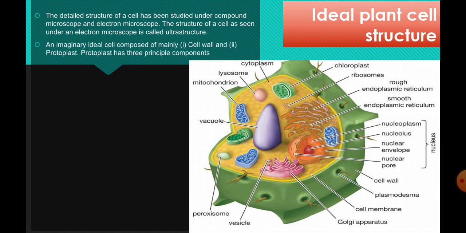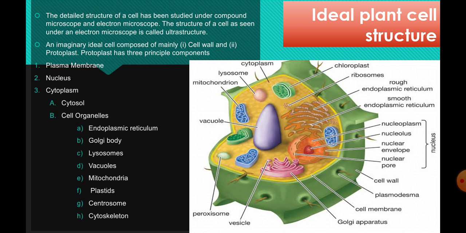An imaginary ideal cell is composed mainly of cell wall and protoplast. Other than the cell wall, all the parts are included in the protoplast. And the protoplast has three principal components: plasma membrane, nucleus, and cytoplasm.